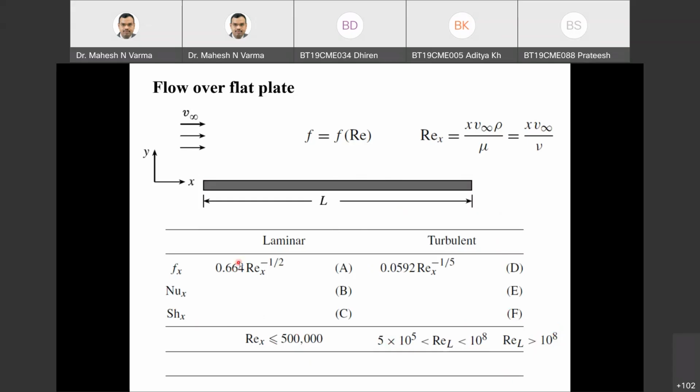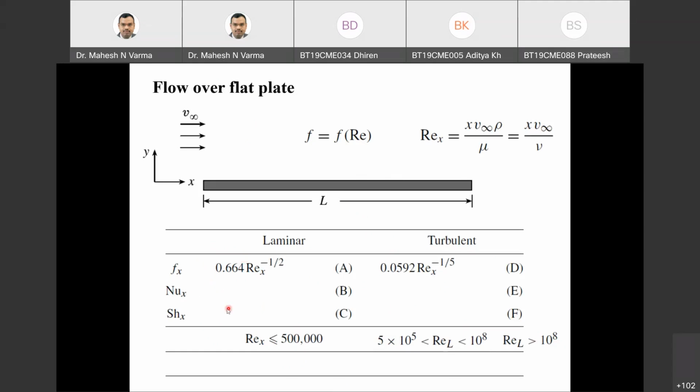So once I have this equation, this is the local value of friction factor for flow over a flat plate, for turbulent flow. I can get the Nusselt number and Sherwood number. It is very easy.